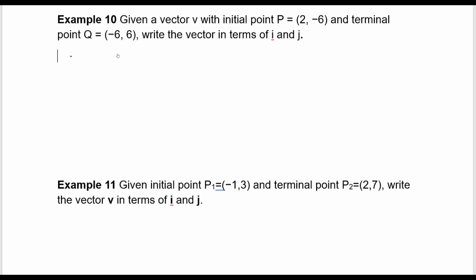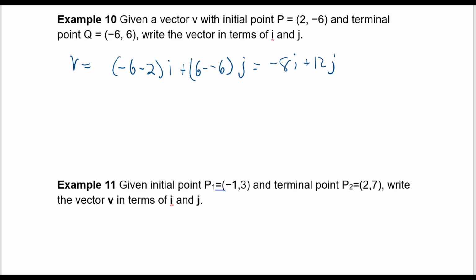Our vector v is going to be equal to negative 6 minus 2 times i plus 6 minus negative 6 times j. So that's going to be negative 8i plus 12j.